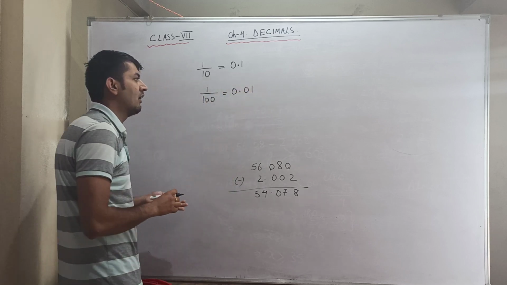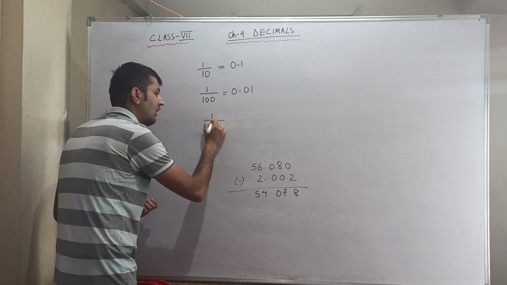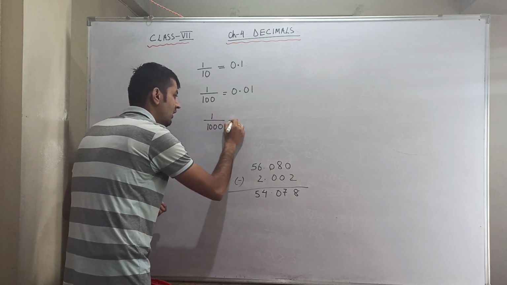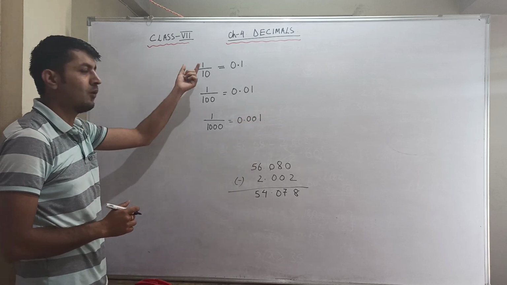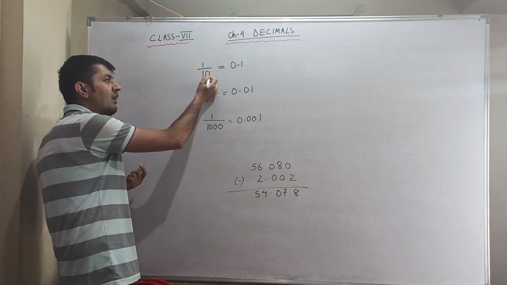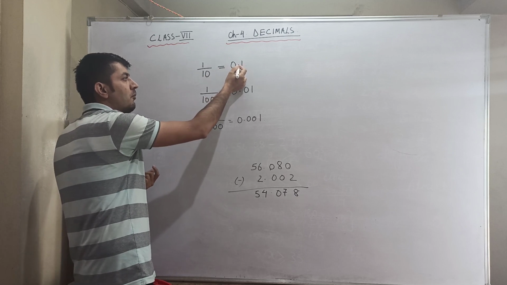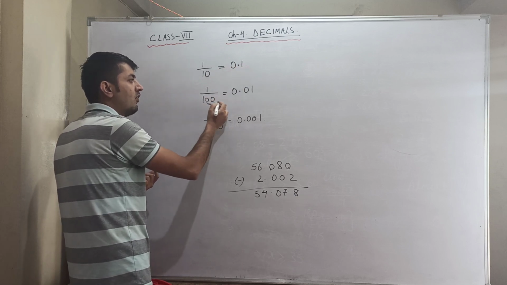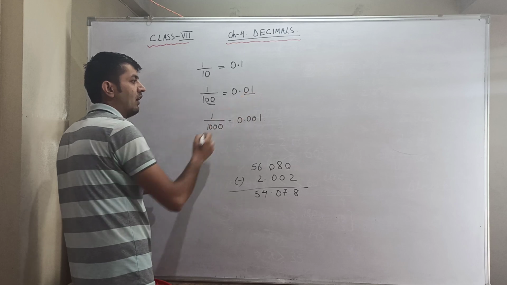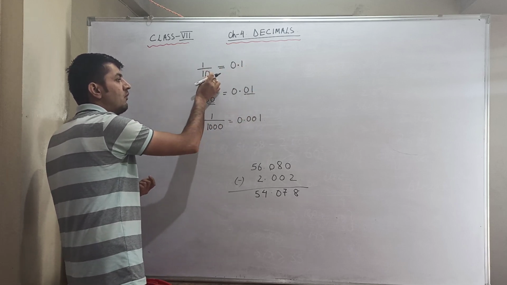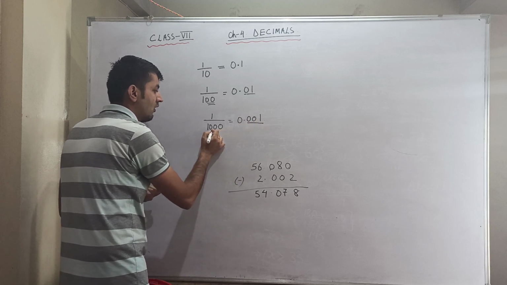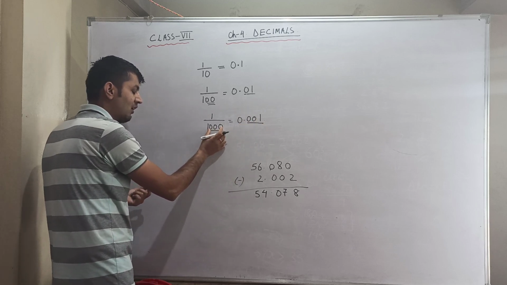See the pattern. Then 1 by 1000 gives 0.001. If there is 1 zero, you got 0.1. If there are 2 zeros, you got 0.01. Here 2 digits, here 2 digits; here 1 digit, 1 digit; here 3 zeros, 3 digits.